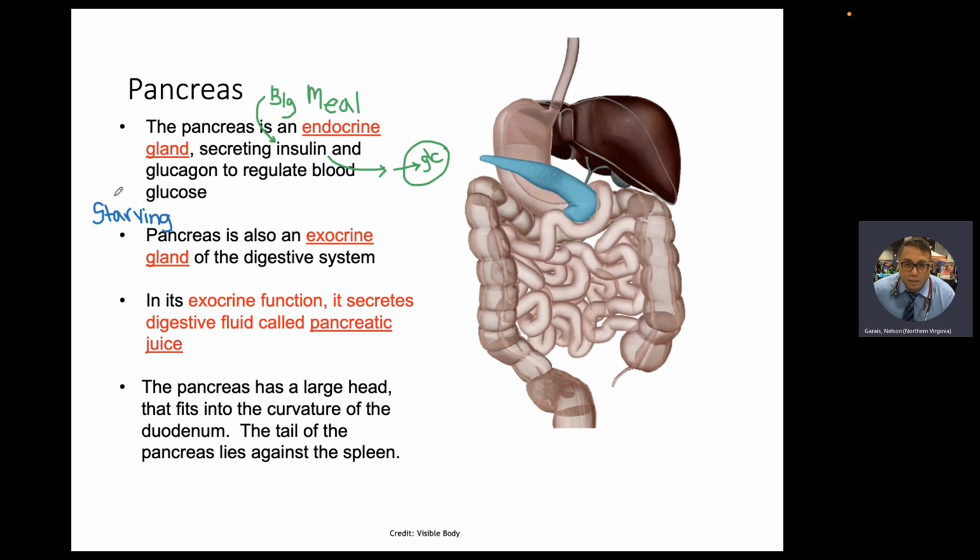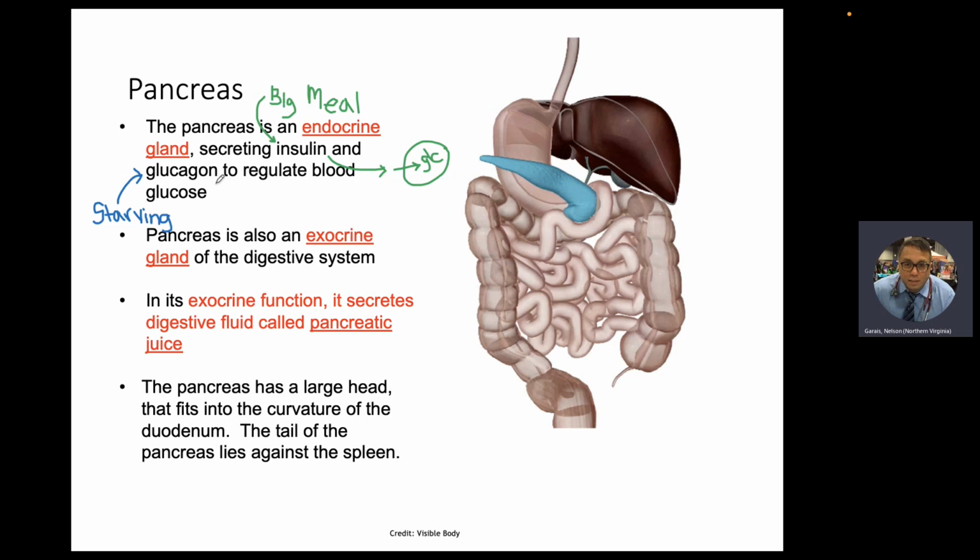You're starving. So what is the pancreas going to release? You don't have any glucose in your blood, you'll have no energy. That's a problem. So when you're starving, that lack of glucose in your blood, you become hypoglycemic, and then glucagon gets released from the pancreas.